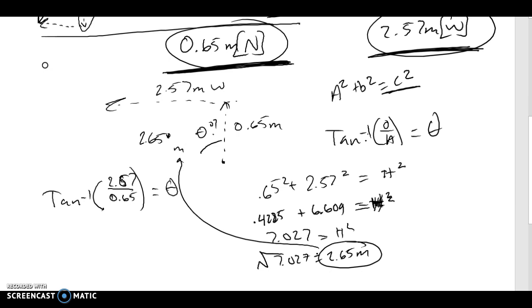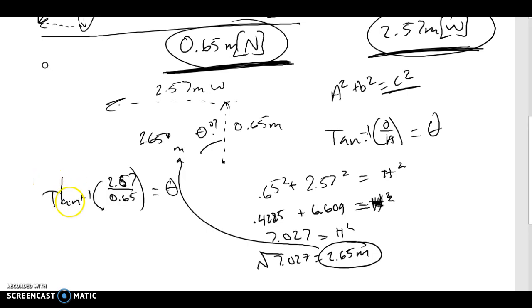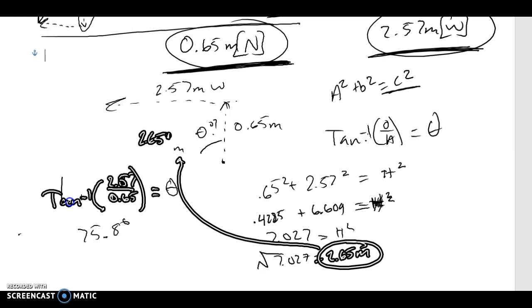So let's try that in here: tan inverse of 2.57 divided by 0.65 is 75.8 degrees. So here, drawing this vector once more, this theta is 75.8 degrees. Alright, and we're almost done.